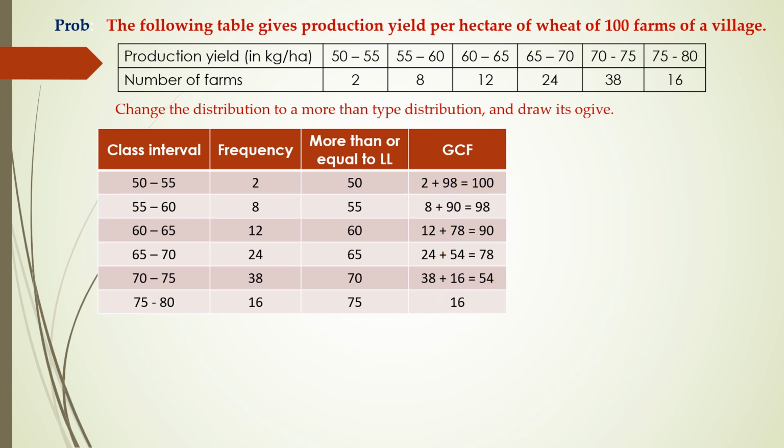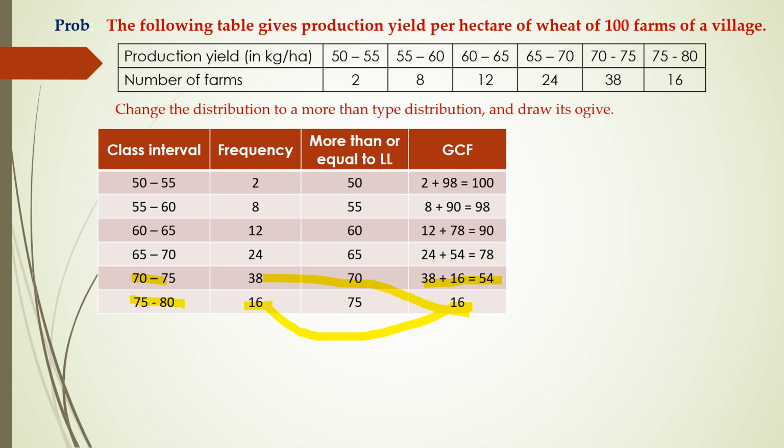Simply, the greater than cumulative frequency of the last class interval is equal to its frequency, as it has no succeeding classes. The frequency and greater than cumulative frequency for the class 75-80 is the same, so copy this one as it is. To find the greater than cumulative frequency of 70-75, add these two, 38 plus 16, you will get 54.